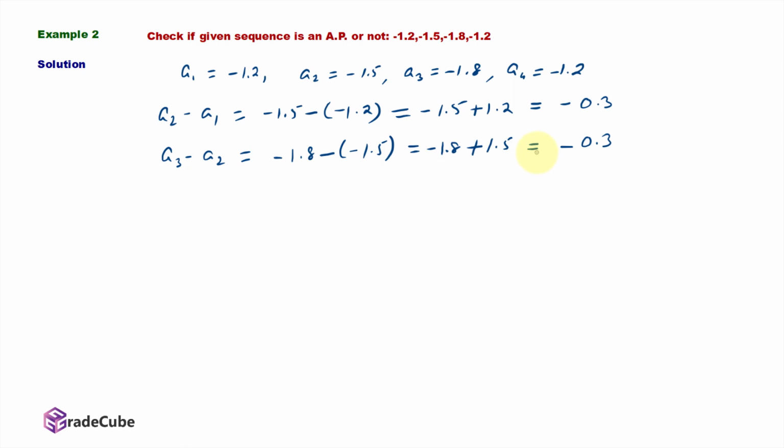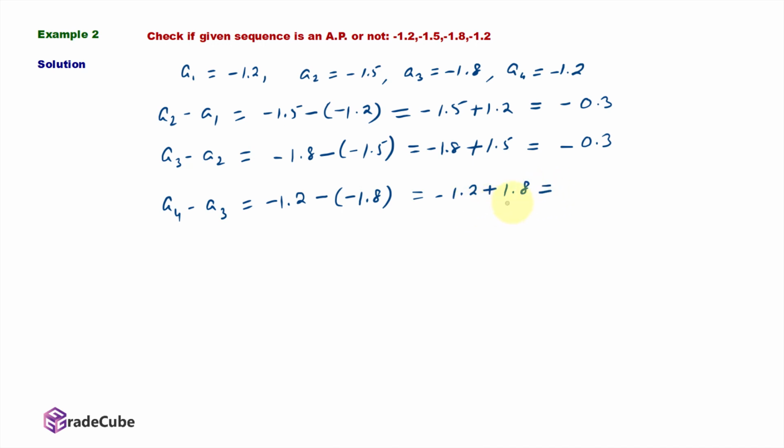So we see that this looks like an AP. But we will have to calculate the next difference also, because that may be the game changer. So A4 minus A3, it is minus 1.2 minus 1.8. It becomes minus 1.2, minus into minus plus 1.8.